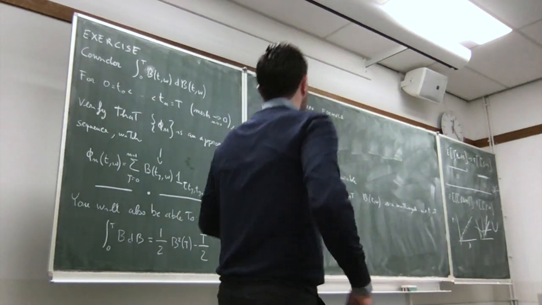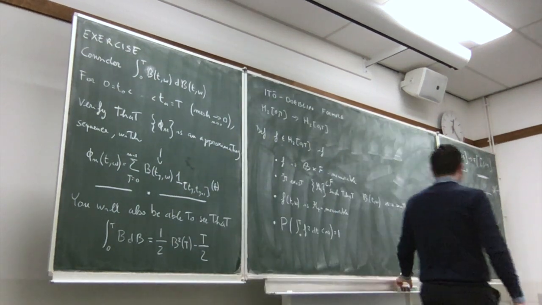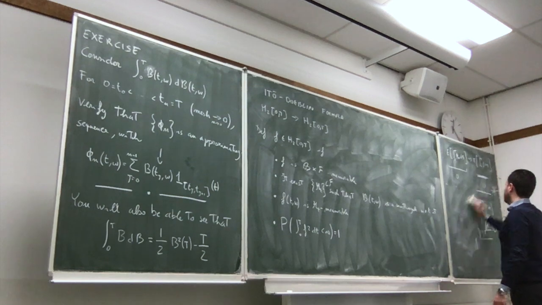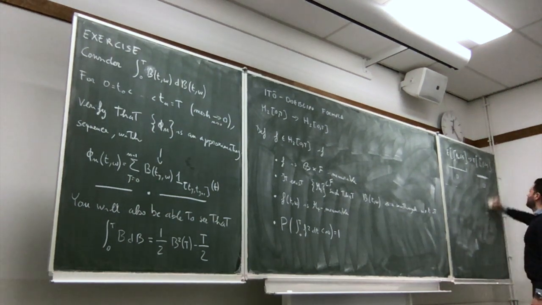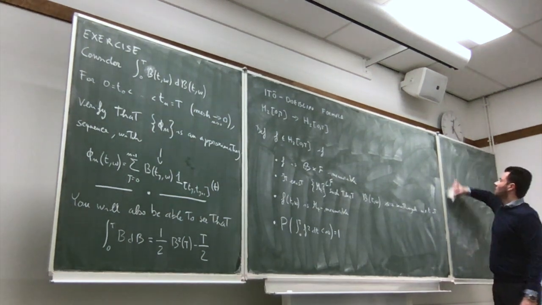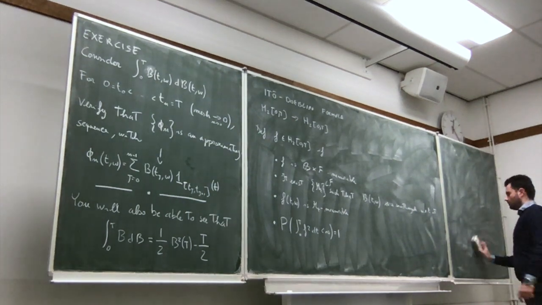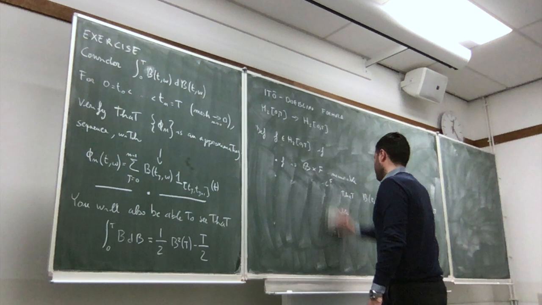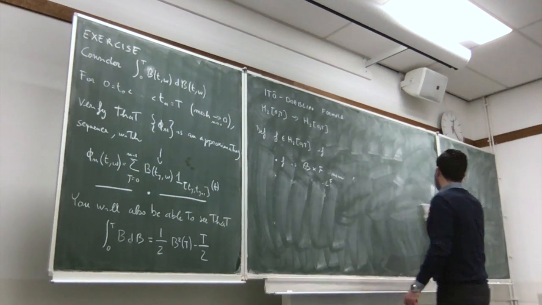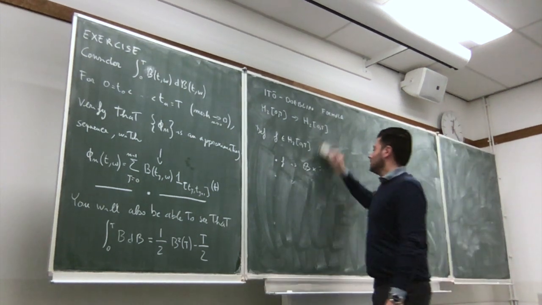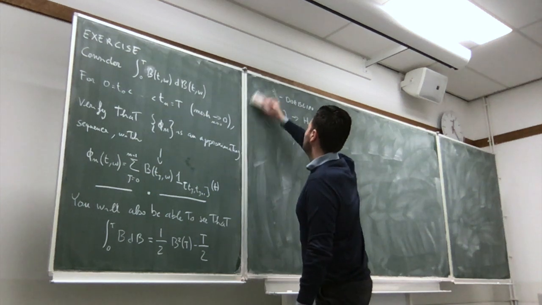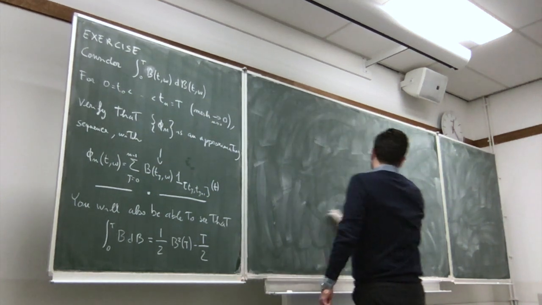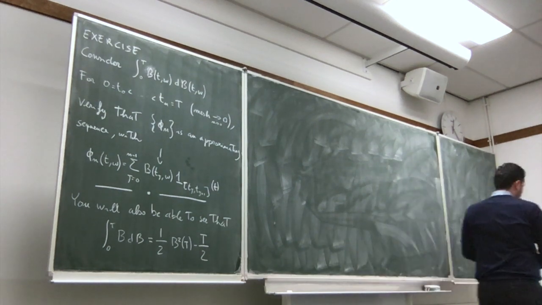Now, we need a few definitions, and then we can state the Ito-Doeblin formula. You will see that also in the lecture notes there are some examples of use of the Ito-Doeblin formula.